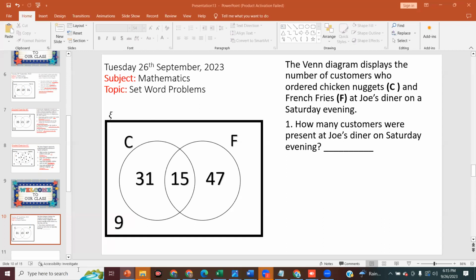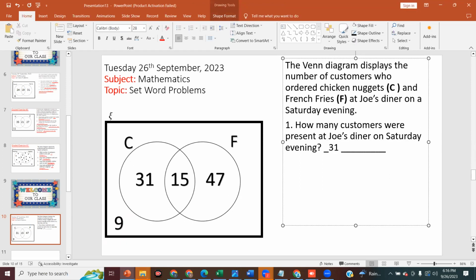Why do you have 102? Is it because everybody else has 102? No, when I actually put it down on a piece of paper, instead of doing mental math, I got the right answer. They want how many customers were present at Joe's Diner, so we have to add all of the numbers. It's going to be 31, the persons who ordered chicken nuggets only, plus 15 plus 47 plus 9.